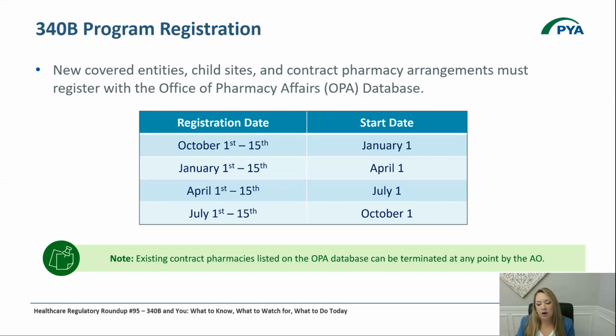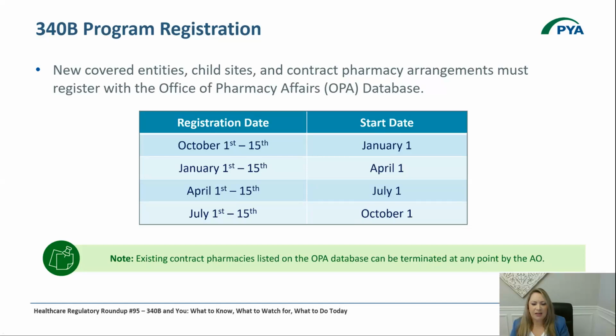So if you're a hospital or healthcare system, and you don't currently participate in 340B today, but you plan to start participating, you've met all of the eligibility criteria from a cost report perspective, you can enroll during that July 1st through 15th window, but your effective date in which you can start purchasing drugs at that discounted 340B price would not start until October 1st.